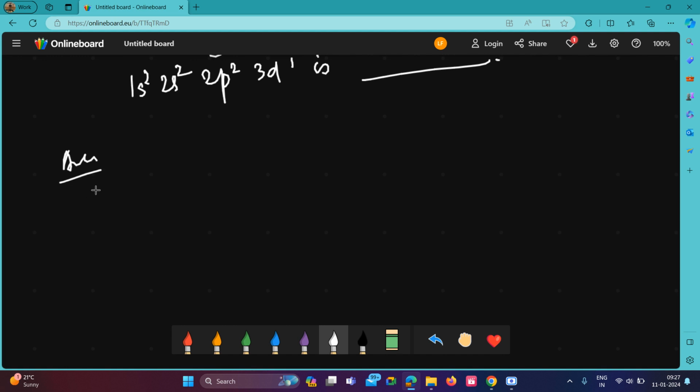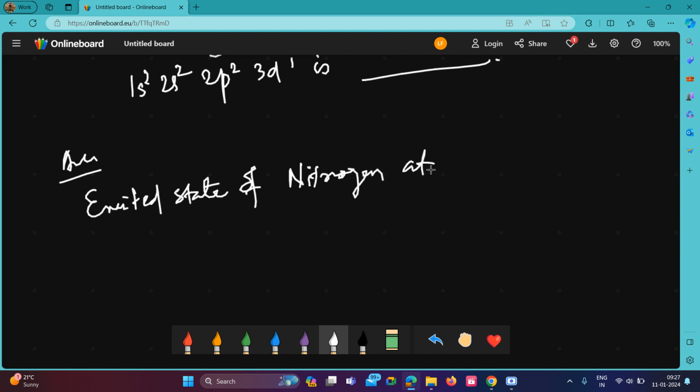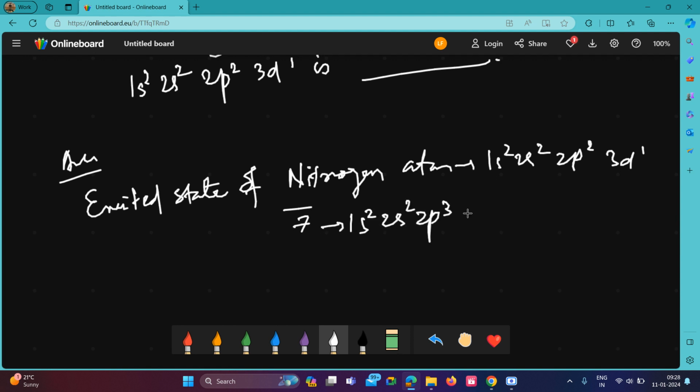Excited state of nitrogen atom. This is the excited state that is given: 1s2, 2s2, 2p2, 3d1. We don't need the ground state, but how did it come? Nitrogen means 7, so 1s2, 2s2, and 2p3.